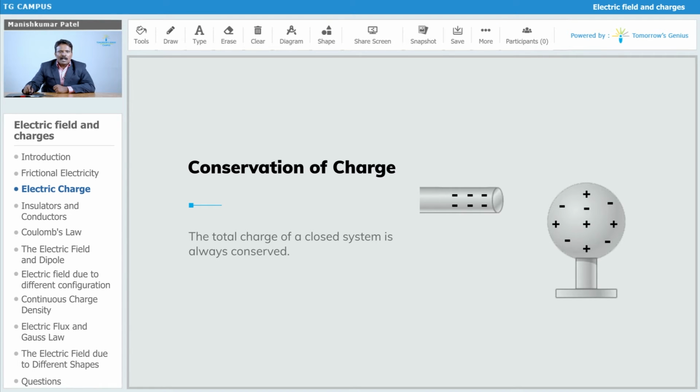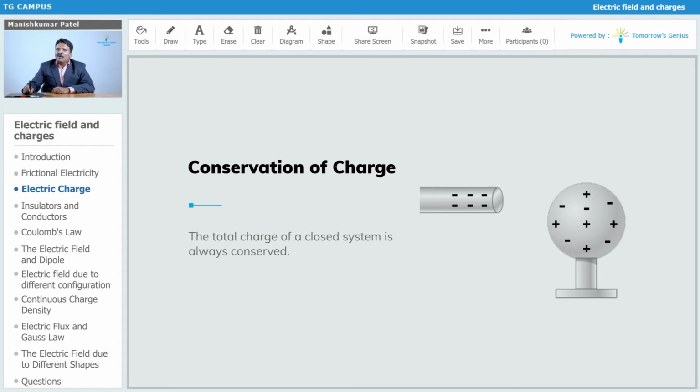This is how it looks in this diagram, where I am trying to bring this glass rod near this sphere. Since the glass rod has negative charge, it is attracting all the electrons from that sphere, because of which you can say it is forming charge induction.